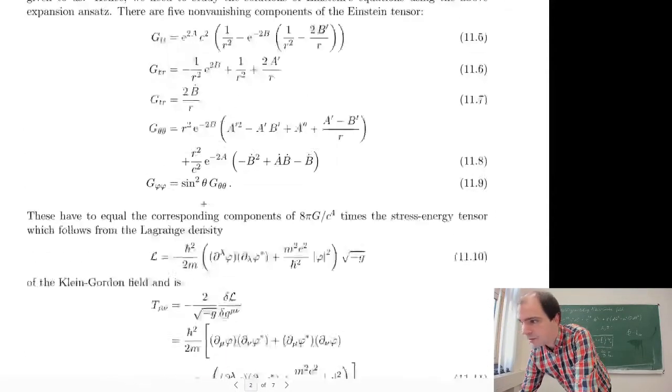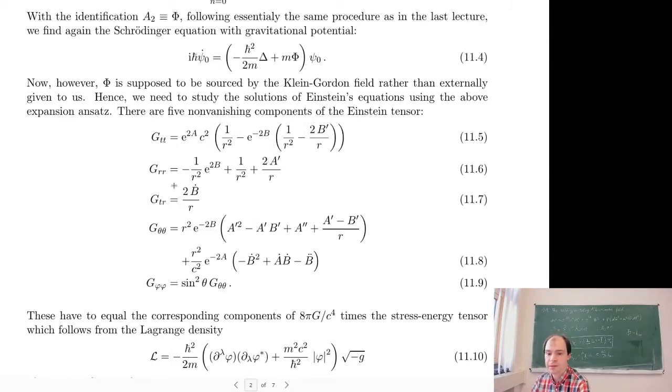So yes, let us have a look at those equations. Let us look at the Einstein tensor first, and we will find that there are 5 non-zero components. All the other components will be 0 for this symmetric situation that we have, and the 5 non-zero ones are given here: the TT, RR, TR, theta theta, and phi phi components, which you can derive.